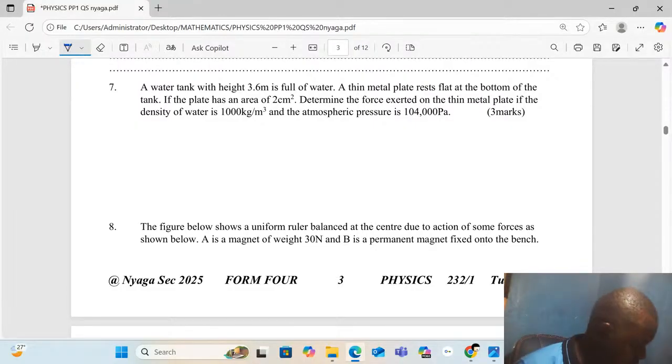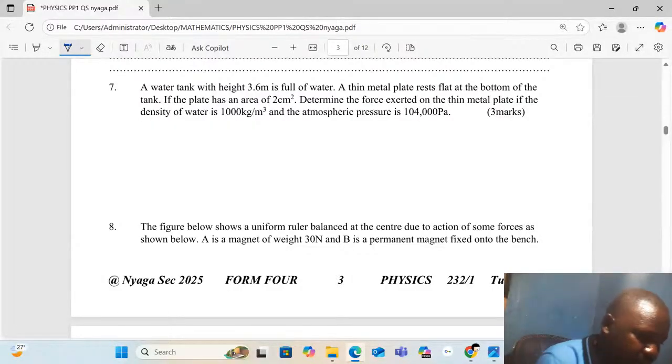So we are having question 7 that is reading that a water tank with height of 3.6 meters is full of water. A thin metal plate rests flat at the bottom of the tank.